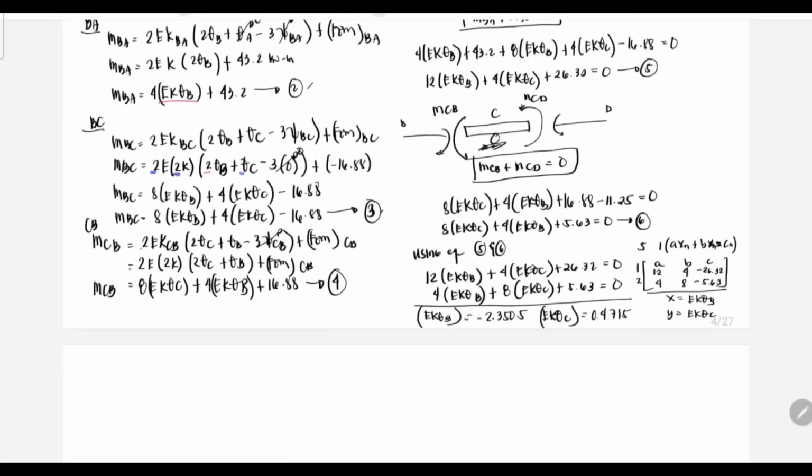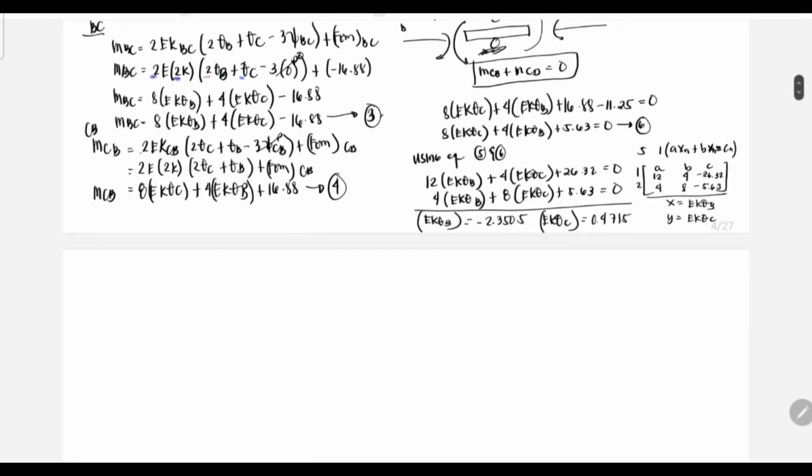Okay, so therefore, i-summary na natin. So we have, okay, right after substitute, yung MAB natin ay ganyan yung value, negative 33.50. MBA would be 33.79 kilonewton meter. MCB, which is equivalent to, ay baliktad, sorry.